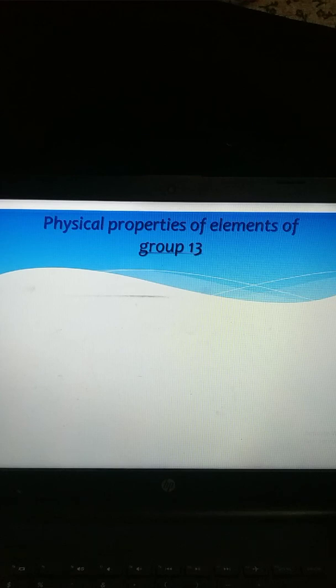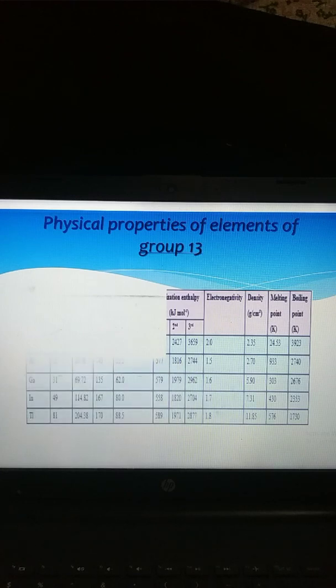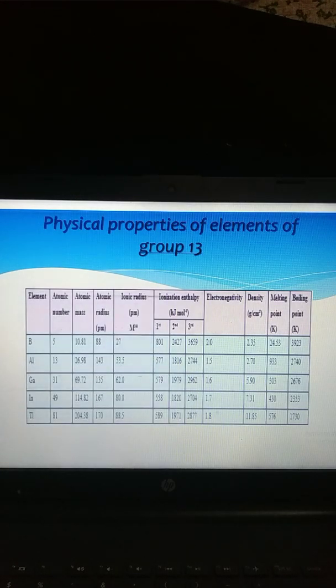Now, we are going to deal with special physical properties of elements of group 13. Here a table is given. You can see in the table the elements: boron, aluminium, gallium, indium and thallium. The atomic radius, atomic mass and atomic number are given. In atomic radius, the radius goes on increasing as you go down the group.